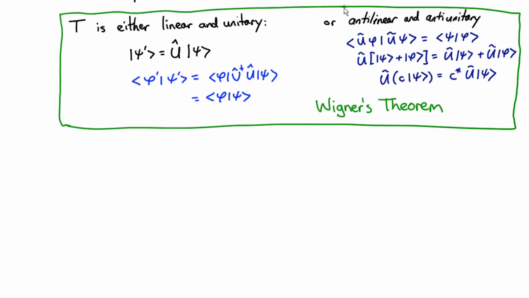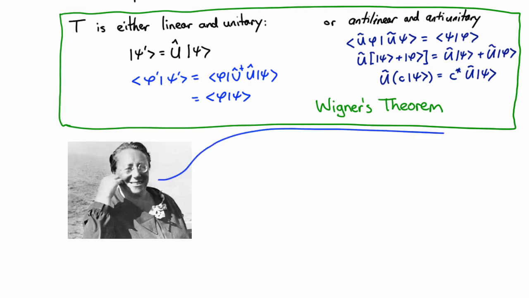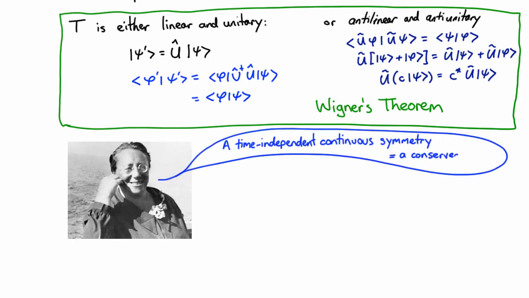So we're looking at transformations because in classical mechanics they were strongly related to symmetries. In classical mechanics the kind of symmetries that were important were time-independent continuous symmetries. For something to be a continuous symmetry, it has to be smoothly deformable from the identity up to some non-trivial transformation. And the identity is a linear and unitary operation, a trivial one. So all of the operations that we're interested in are actually linear and unitary.